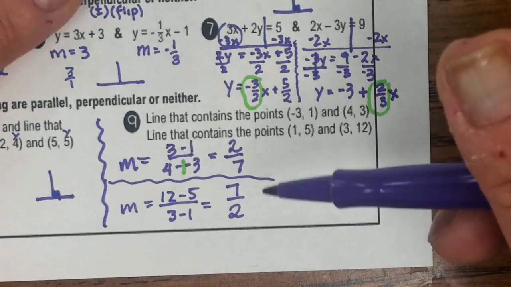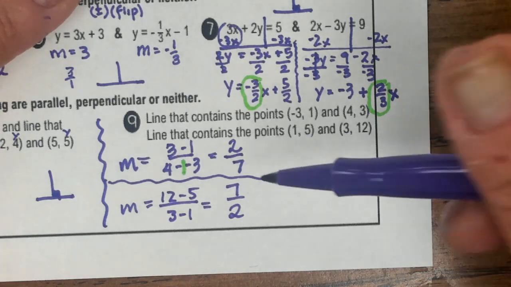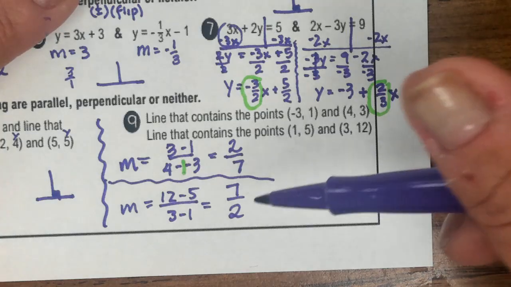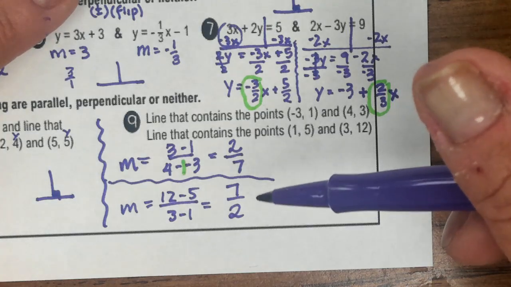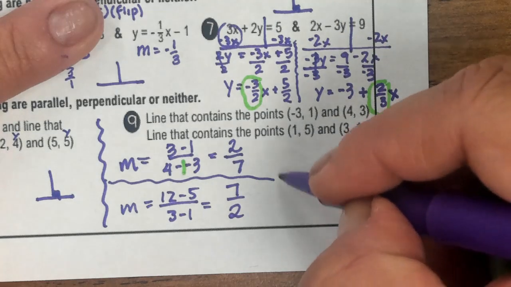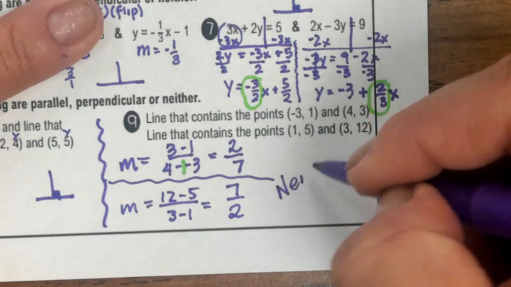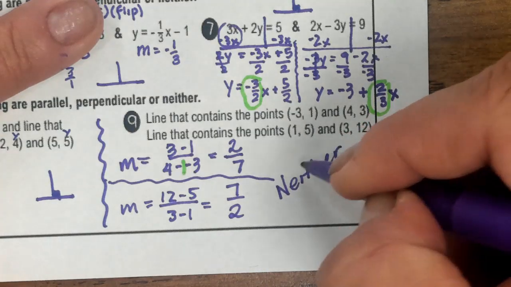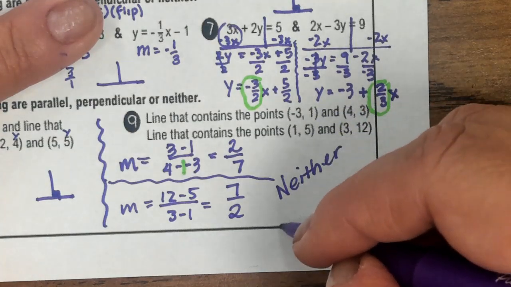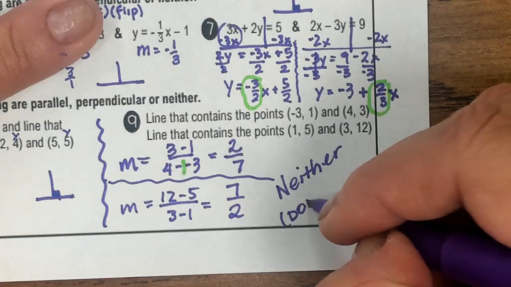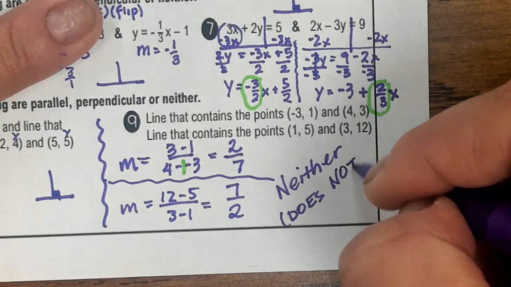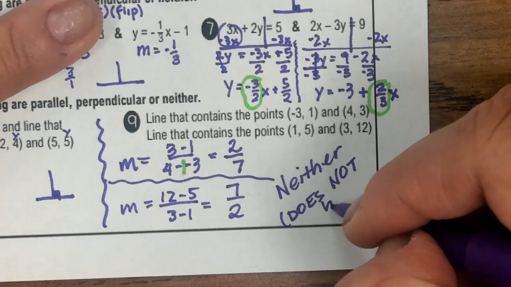No, they're both positive. And for it to be perpendicular, one of them has to be a negative, one has to be a positive. If this does not work out, you are going to say neither. Why? Because this does not have opposite signs.